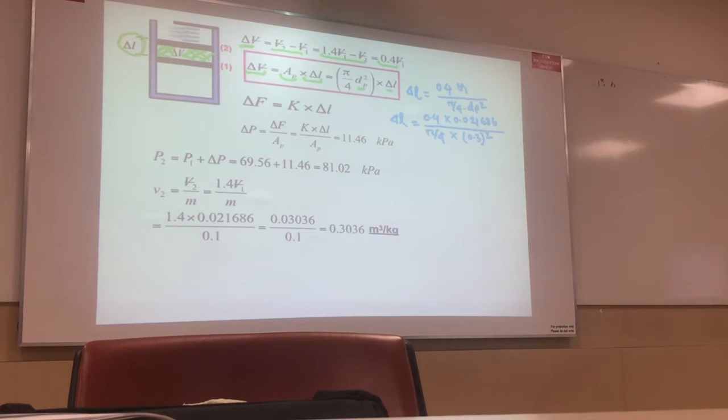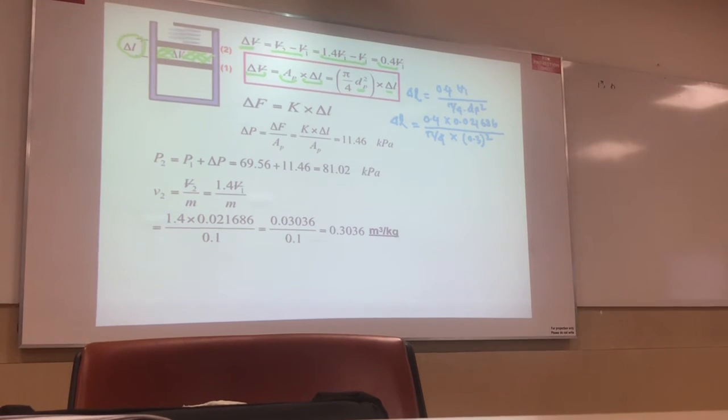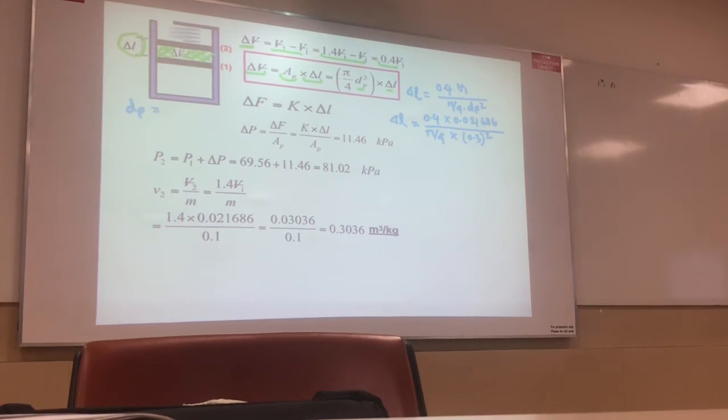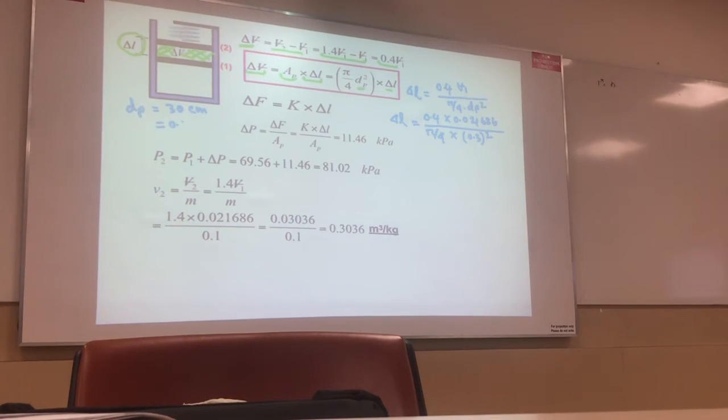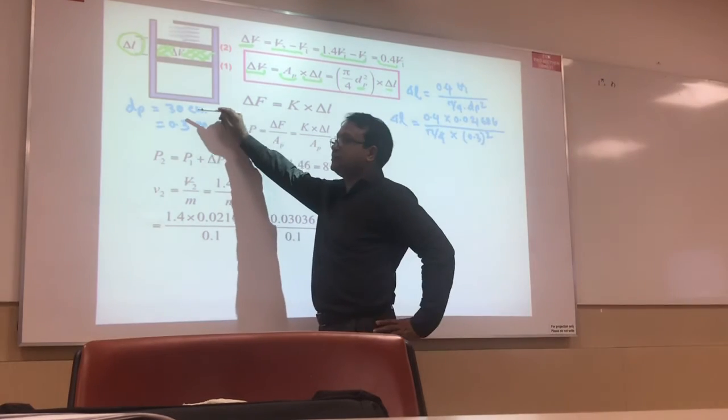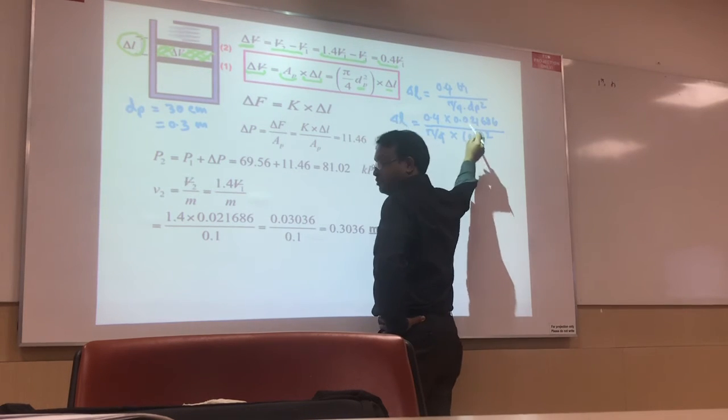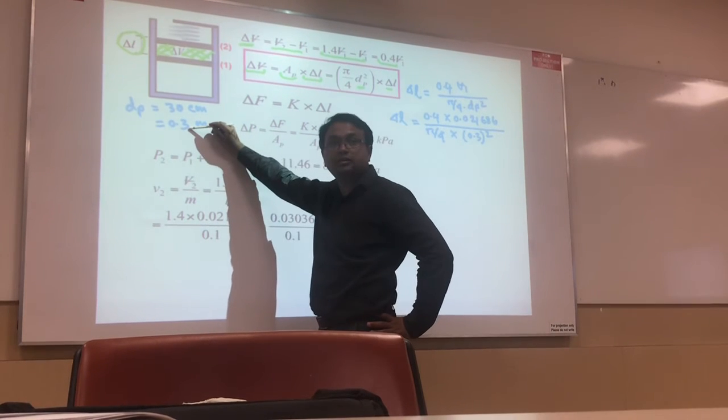From here to here, what is dp? dp is 30 centimeter, so you should write 0.3 meter. So many students make a mistake here: they plug in 30, which is wrong. You should convert to meter.